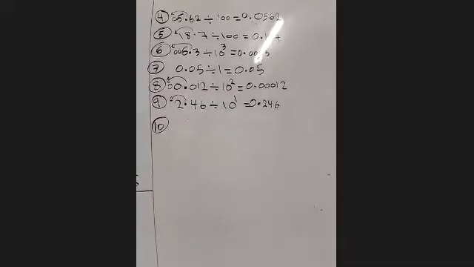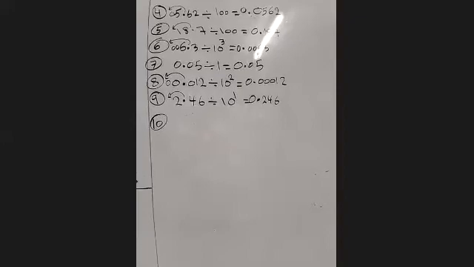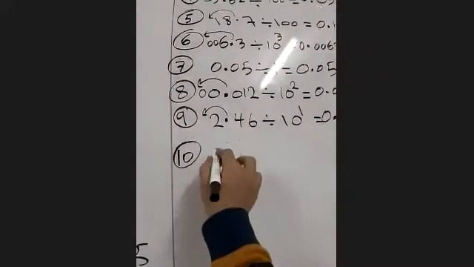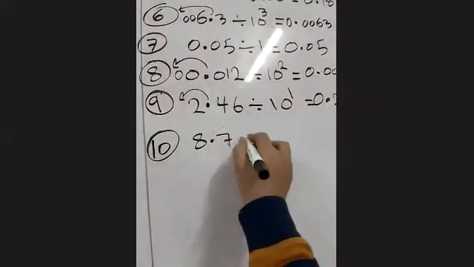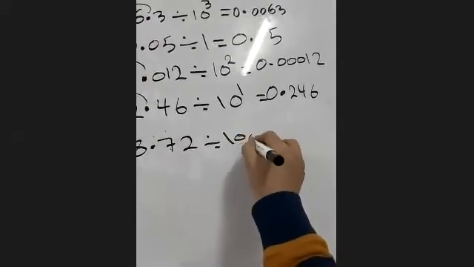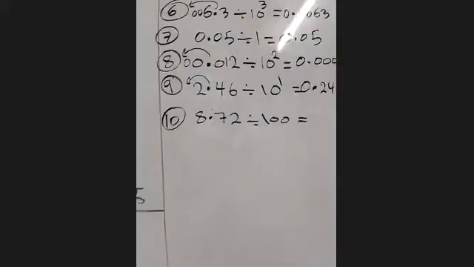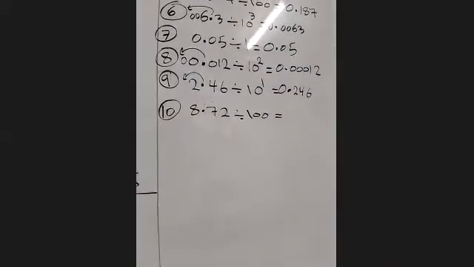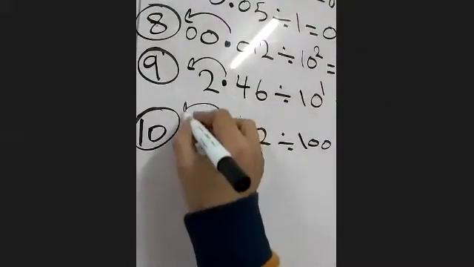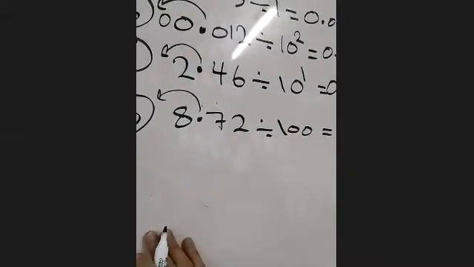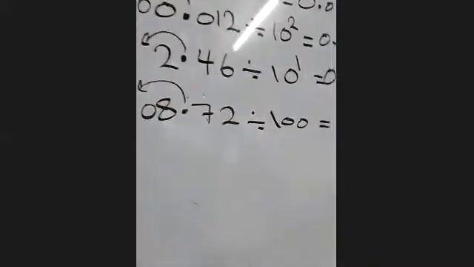Muhannad. Yes. Question 10, read. 8.72 divided by 100. First, because we have 2 zeros, we will push the decimal to the left 2 digits, but we don't have 2 digits, so we will add 0.